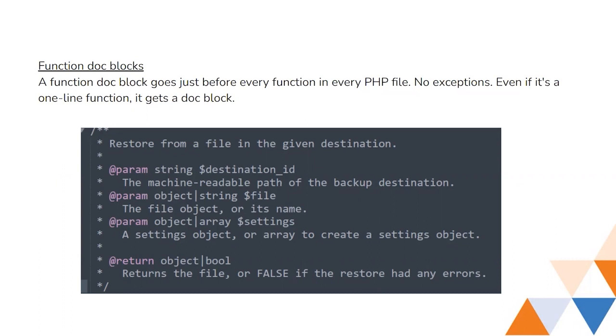But if you are writing a complex function, we have to give the parameters passed to the function, what it returns, and what it does. Here you can see that param is used, and return is used. These are called tags. They are a way to document what parameters are passed to the function and what it returns.